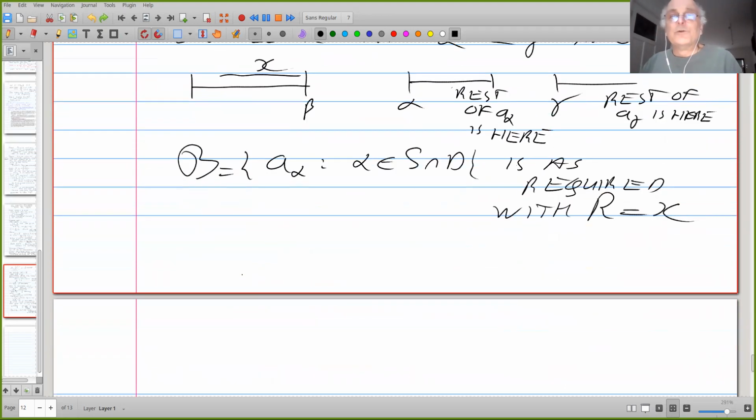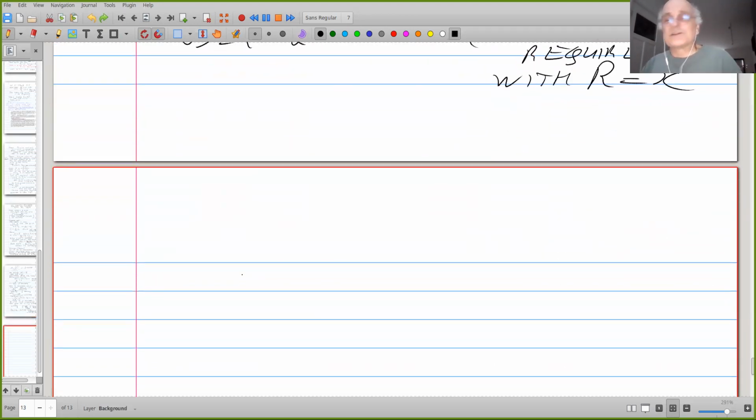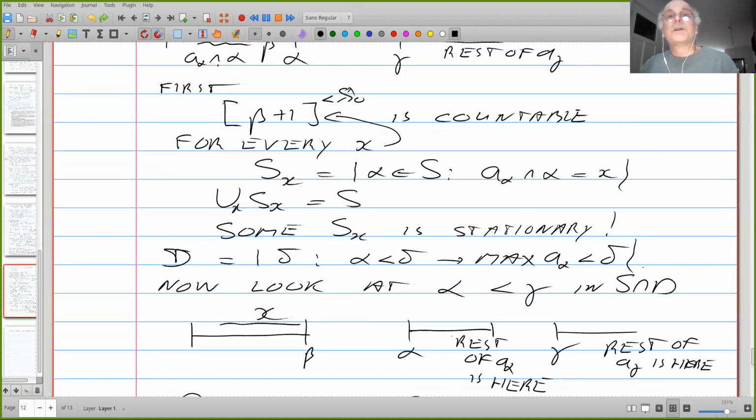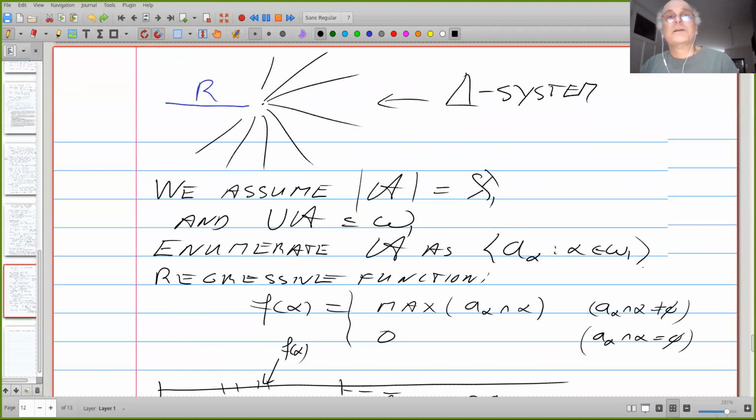I still have a few minutes. I want to use a few minutes because this delta system lemma is quite general. You could say, well, what about countable sets? Well, you could do the same thing.